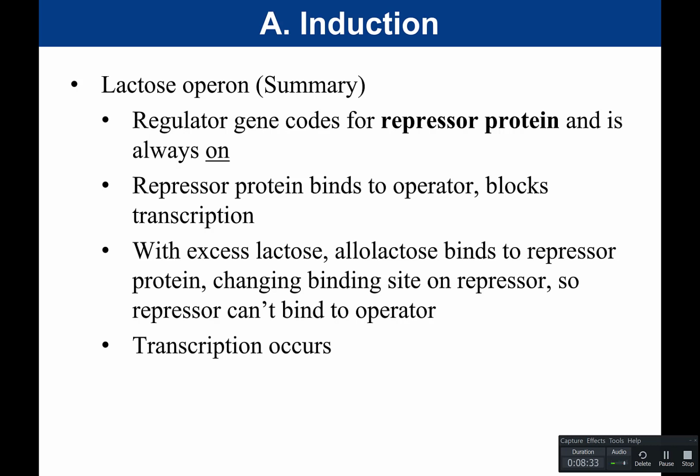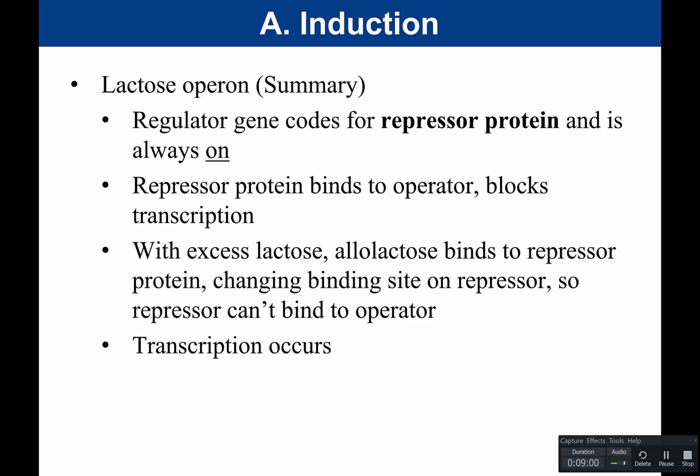However, with excess lactose, if lactose is present, that will allow the cell to make allolactose. Allolactose will bind to the repressor protein. It changes the binding site on the repressor, meaning it causes the repressor to change shape so that the repressor can no longer bind to the operator, and transcription occurs. And so transcription is going to be turned on.